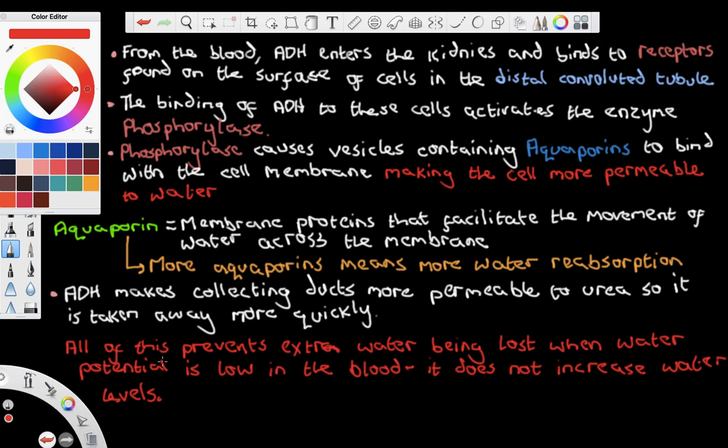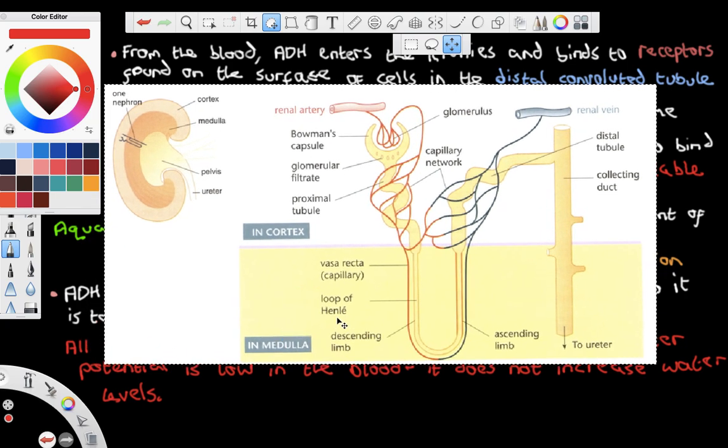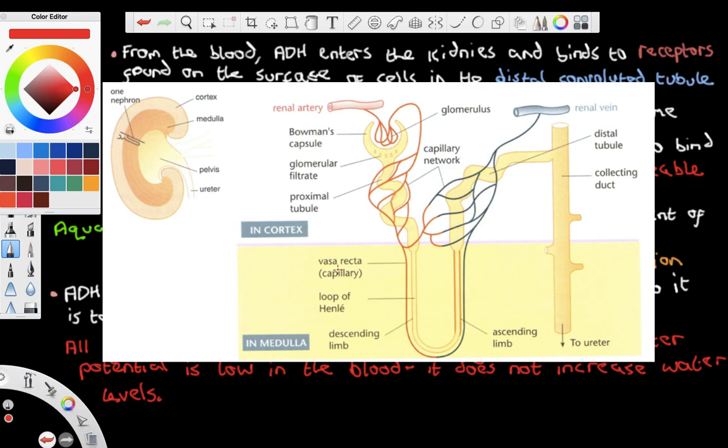So what I'm trying to say is, if I put this on here, make it a bit bigger so that we can refer to it. When water potential is low within the blood, what happens in every nephron in the kidney is that water is taken from the glomerulus by the Bowman's capsule and added to the glomerular filtrate. Water then moves as part of the filtrate through the proximal convoluted tubule, through the loop of Henle and into the distal convoluted tubule. When water levels are low, the hypothalamus has osmoreceptors in it that have water drawn out of them.